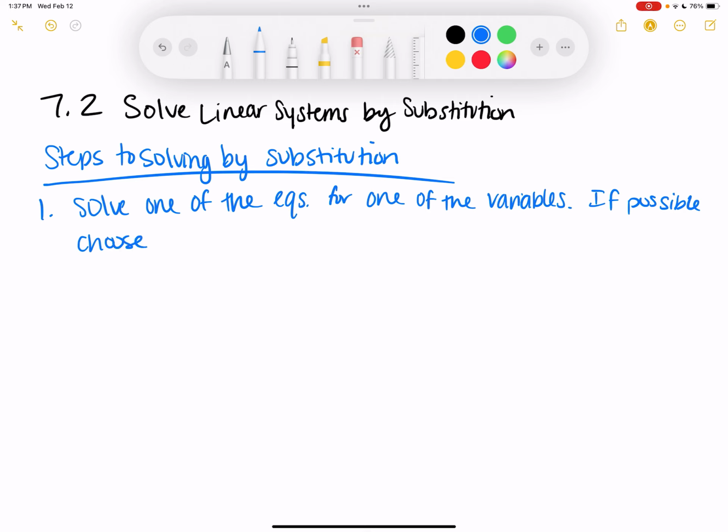Choose a variable that has a 1 or negative 1 in front of it.